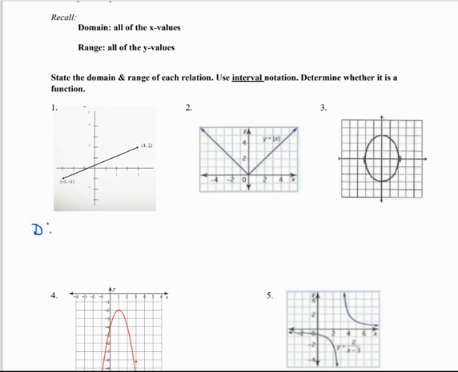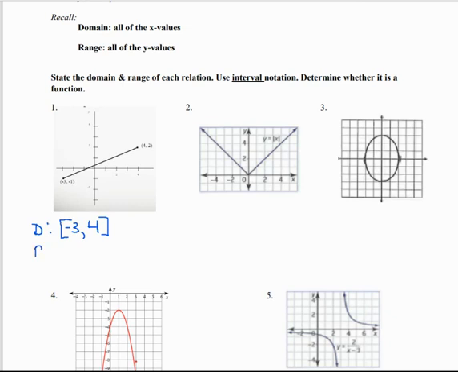Now I see that that's a closed circle, so it's included. So I'm going to start at -3, use brackets to show that it's included. And then as we go to the right, there aren't any gaps along the way, but it doesn't continue on. It stops at 4. So my domain is from -3 to 4, and they're both included, so I have a bracket.